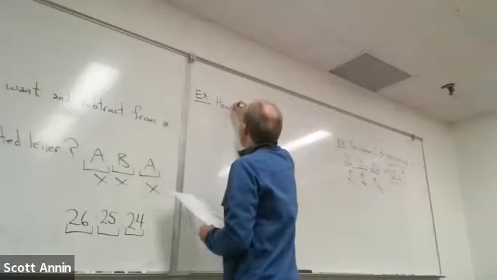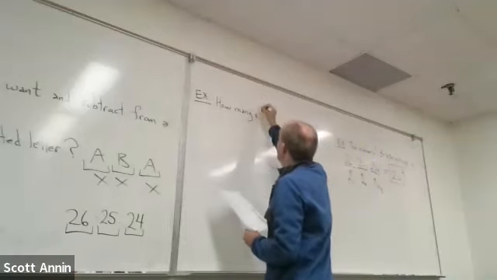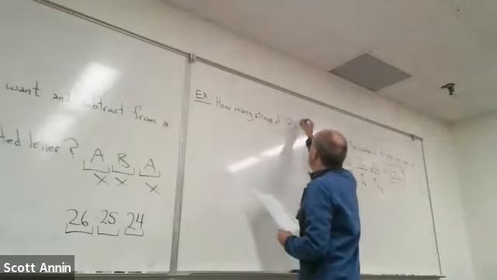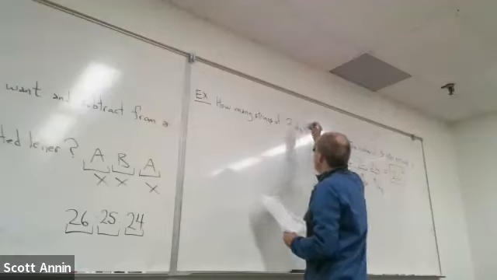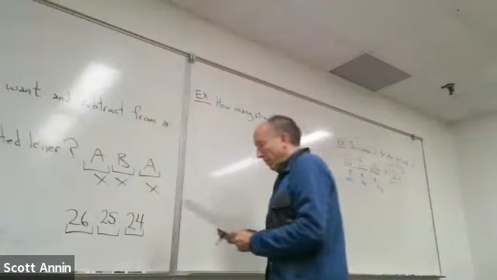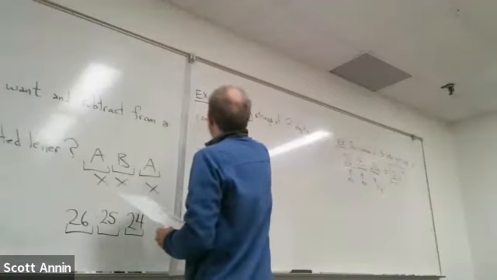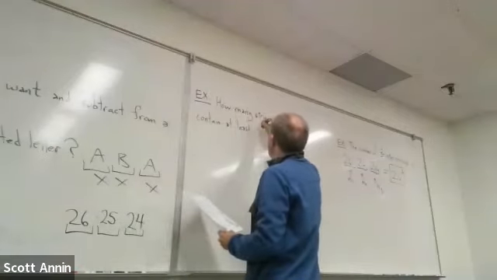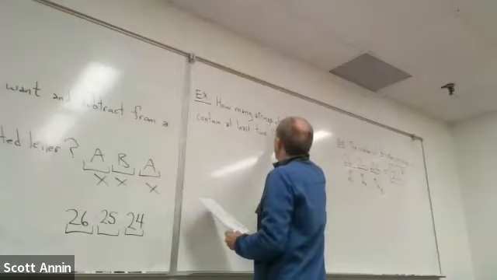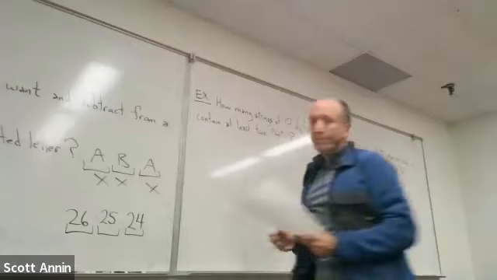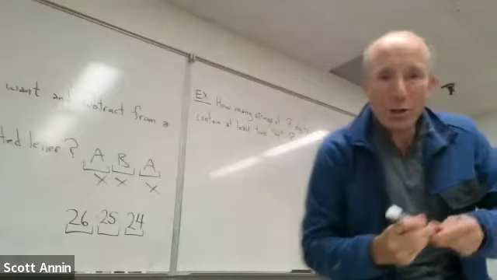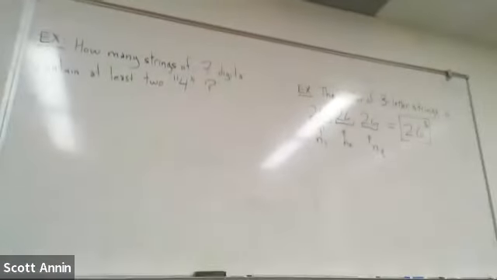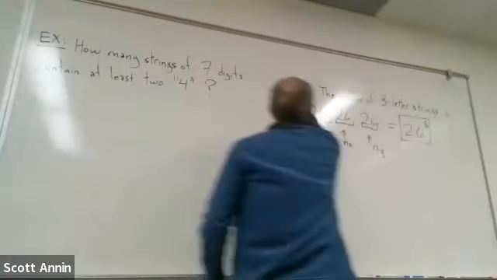How many strings of 7 digits this time, we'll take strings with 7 digits, contain at least 2 4s? How many strings of 7 digits contain at least 2 4s?